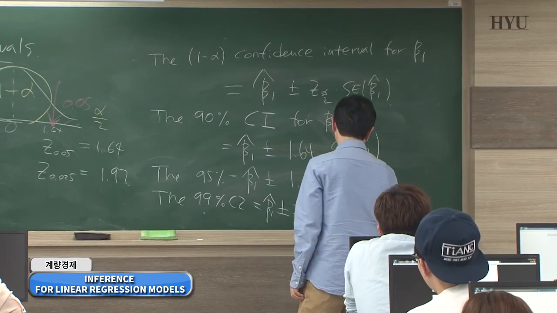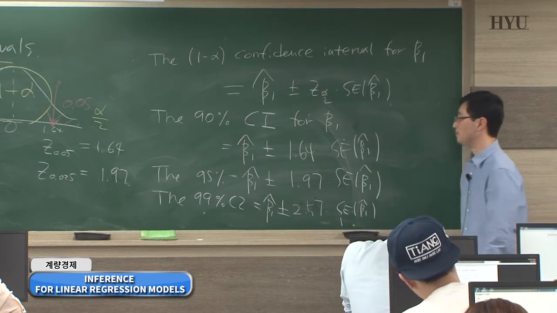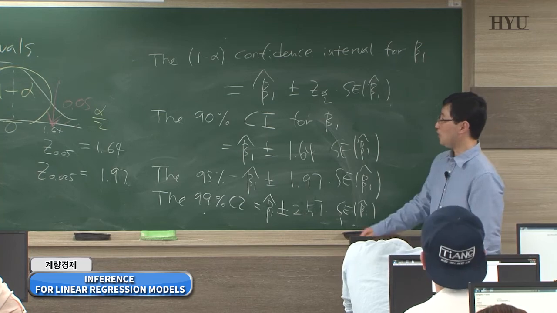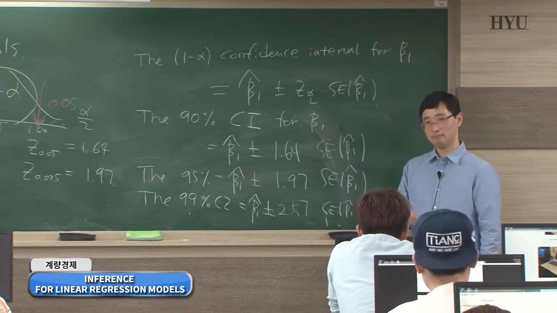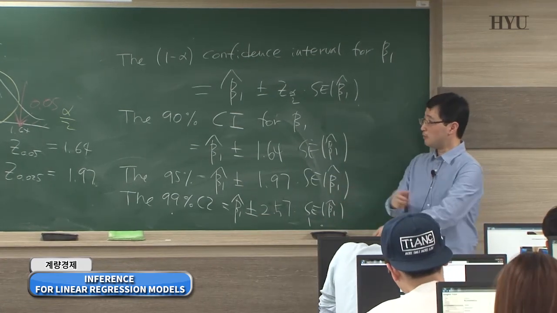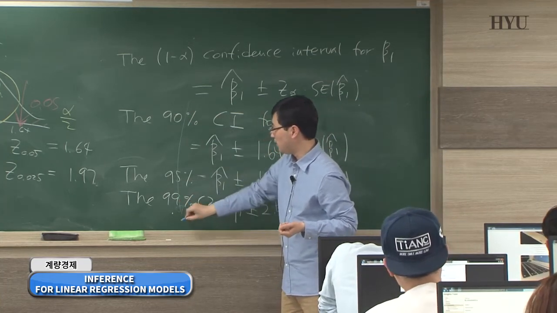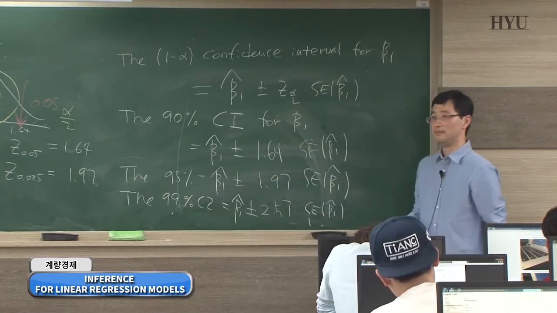So you can go on and on. Now the center remains the same. It's your regression coefficient from your sample. What happens if you increase this level?